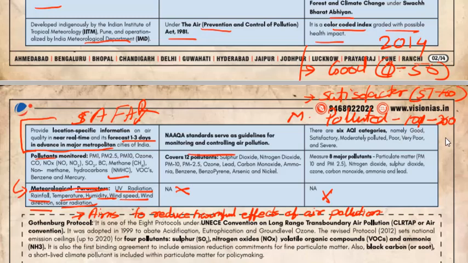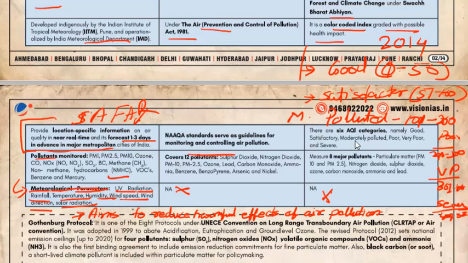Next, poor is for 201 to 300. Next, very poor is 301 to 400, and severe is for 401 to 500. This is basically the different nomenclature given.